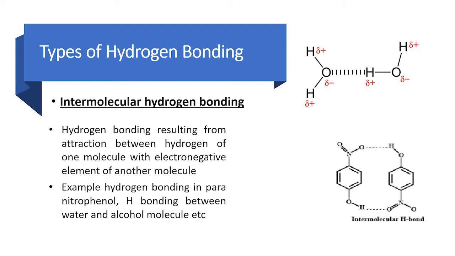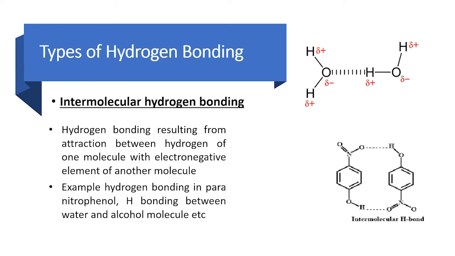The given example here is intermolecular hydrogen bonding. As the name indicates, this is the hydrogen bonding resulting from the attraction between hydrogen of one molecule and an electronegative element of another molecule. So here it is attraction between different molecules. For example, the hydrogen bond in water, or between water and alcohol molecules, or, as shown in the figure, the hydrogen bond in para-nitrophenol.